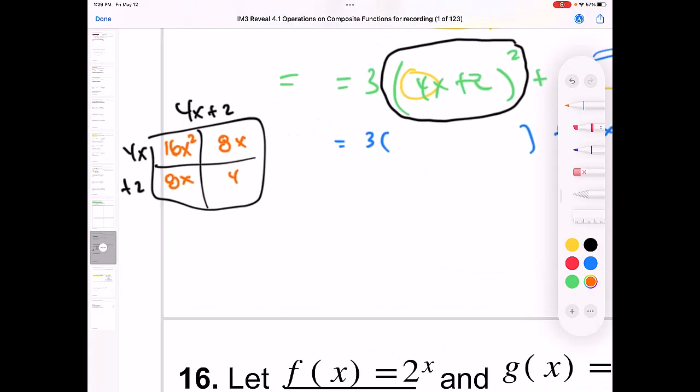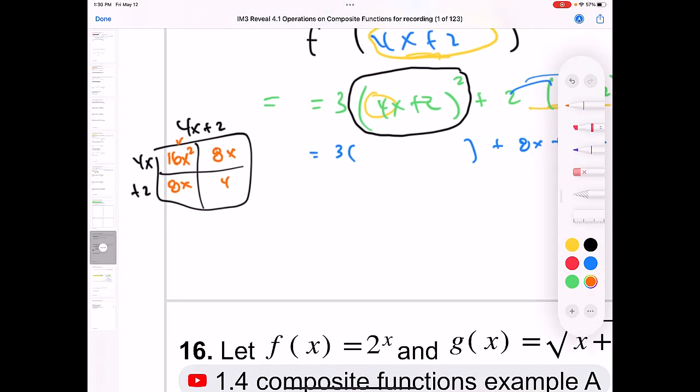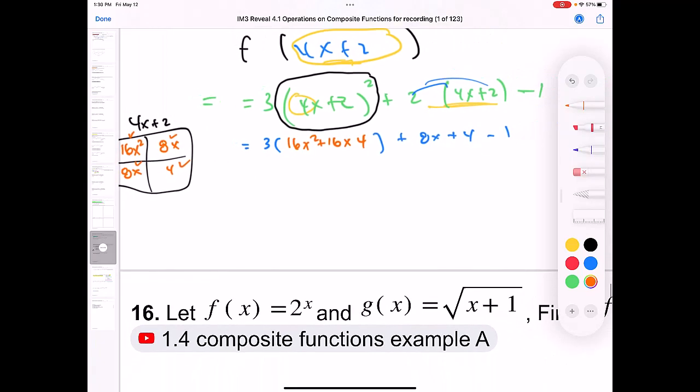Alright, so we just got this box. Let's combine like terms. 16x squared. 8x plus 8x is 16x. And there's the 4. And then we just distribute here, and you'll get this.